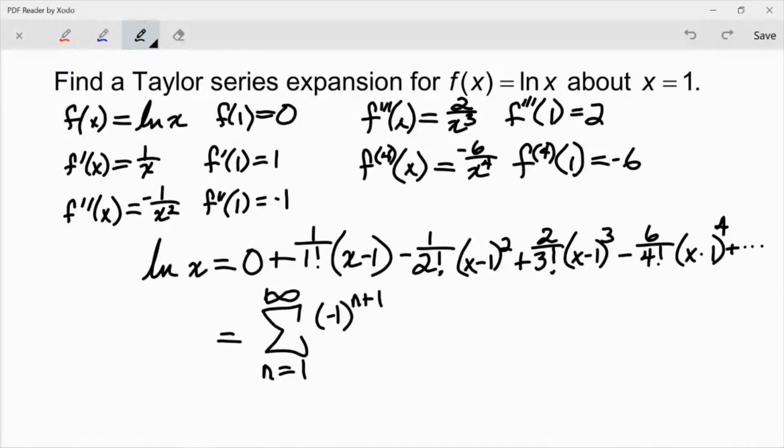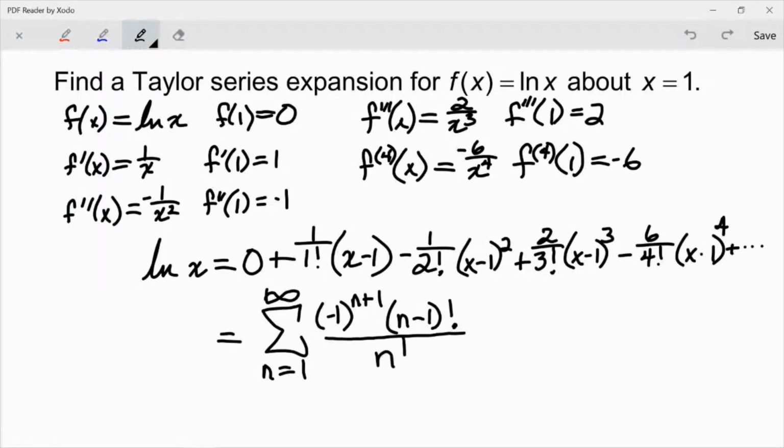And the reason I made n is 1 this time, so remember if n is 0, I'm going to get 0. But also, I wanted to be able to reference this n minus 1 factorial that I had there. If I had started at n is 0, it wouldn't make sense to have a -1 factorial, right?